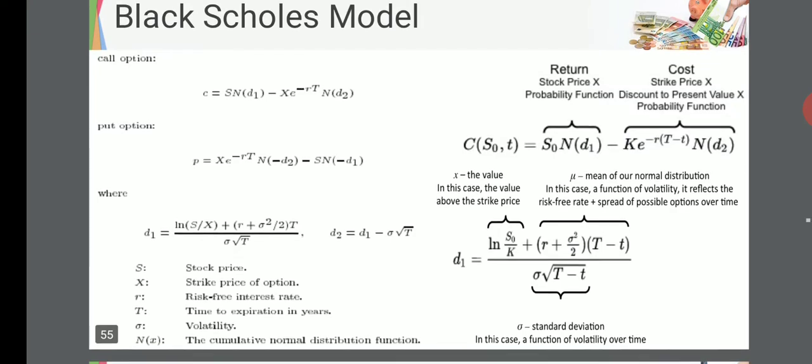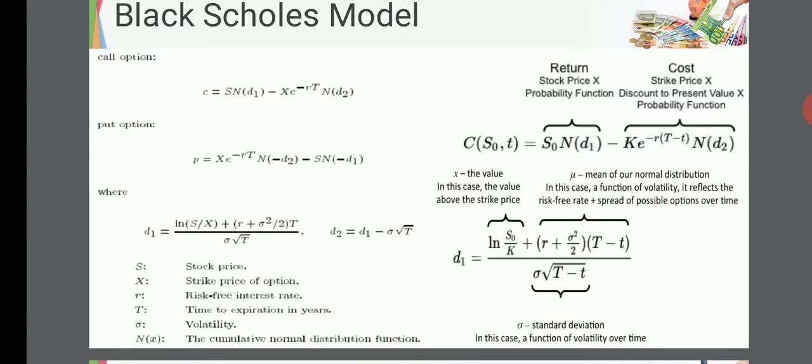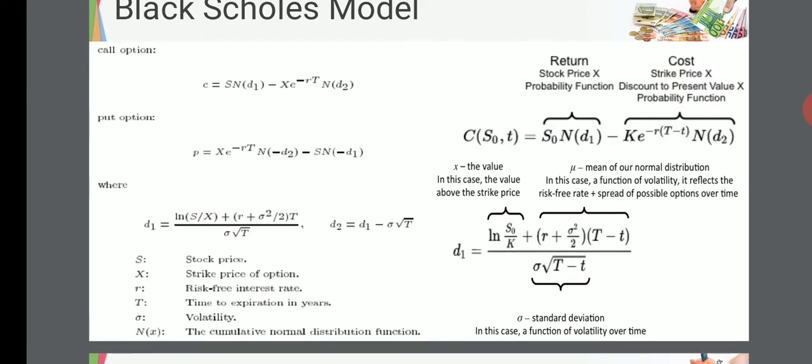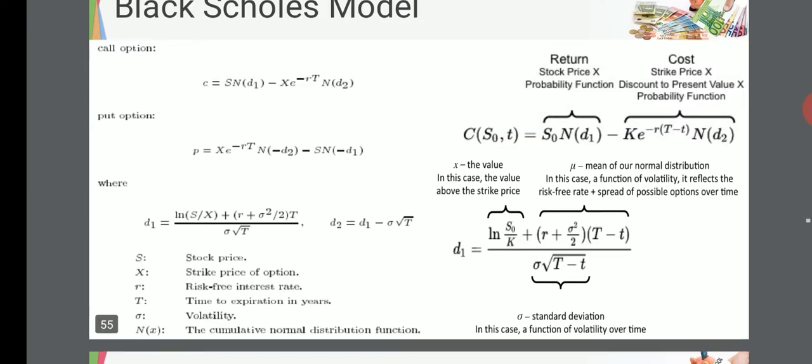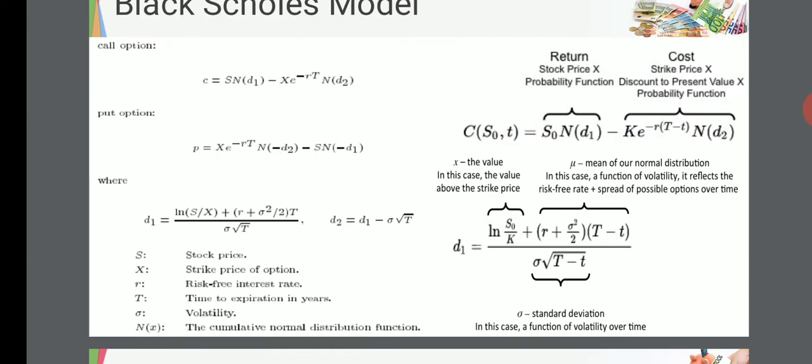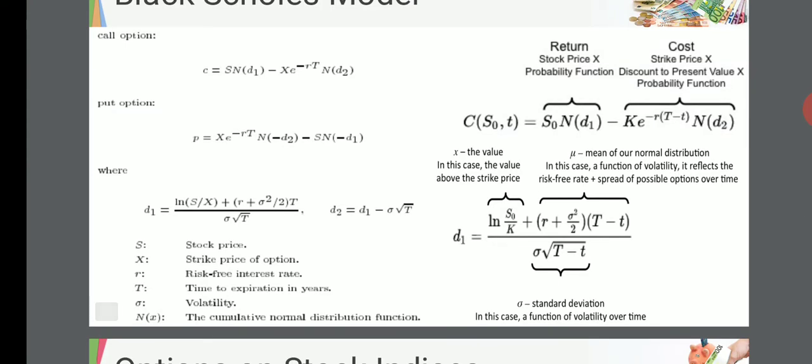That is, the value of the call option is S N(d1) minus X e^(-r(T-t)) N(d2). Let us understand what this is.